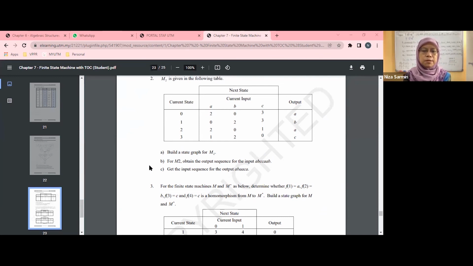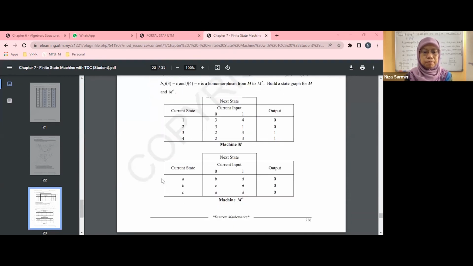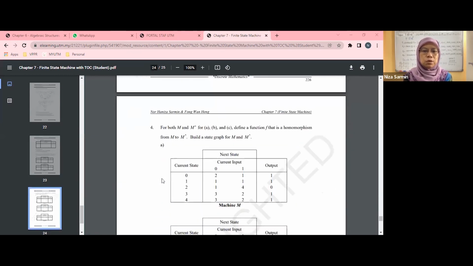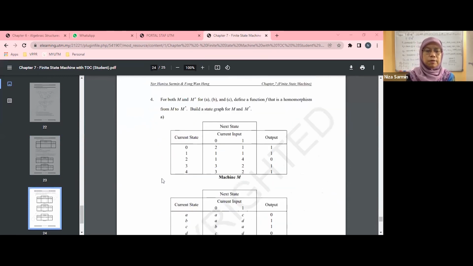Number 3, they want you to check, go down a little bit, that this is a homomorphism. They already give you, and build a state graph. Number 4, also to see it's a homomorphism. You go from one to another with homomorphism G, like in the example. Okay, next.